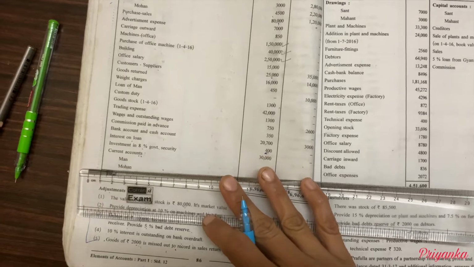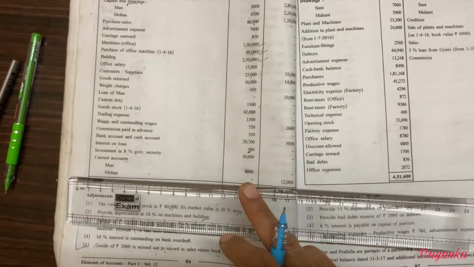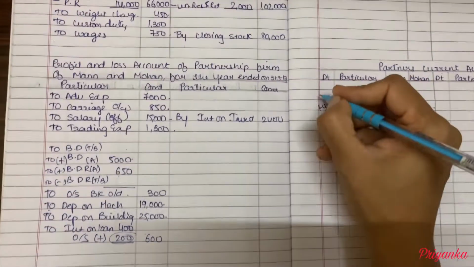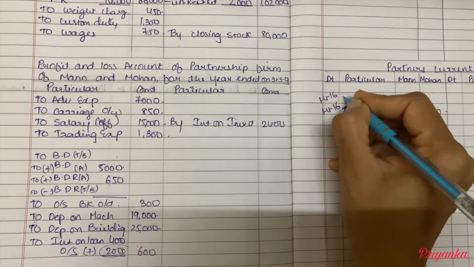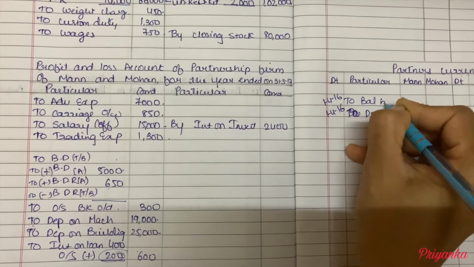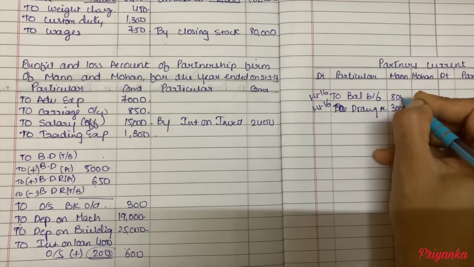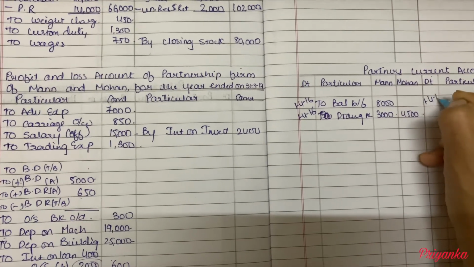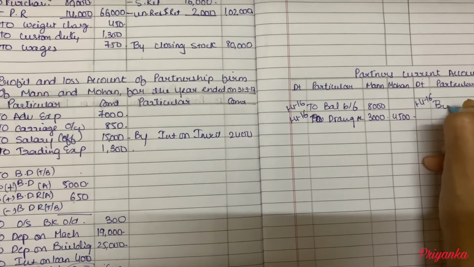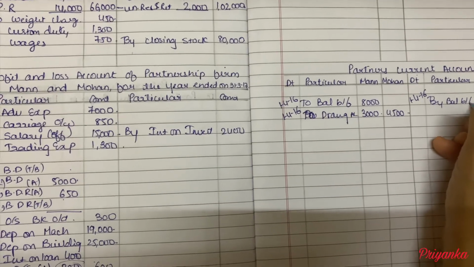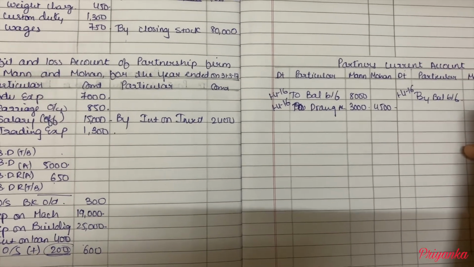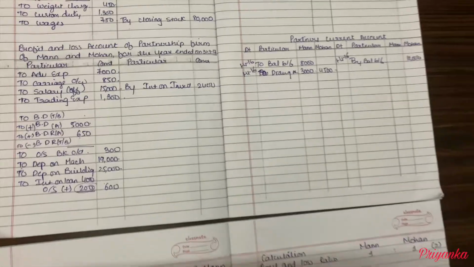Next, current account opening balance 8,000 on the debit side, 1st April 2016 by balance brought forward for Mohan, it is 12,000. So here we finish all the entries of the adjustment and trial balance. Now we'll make a total.